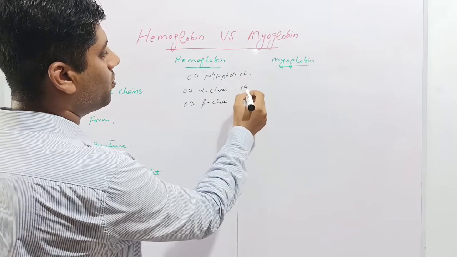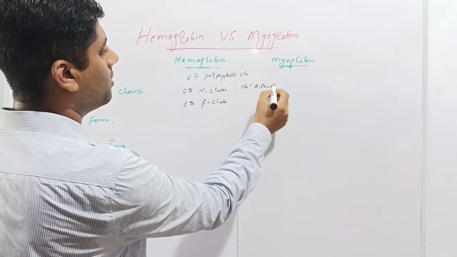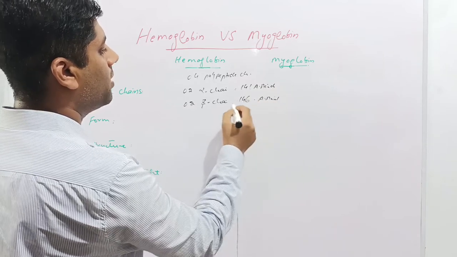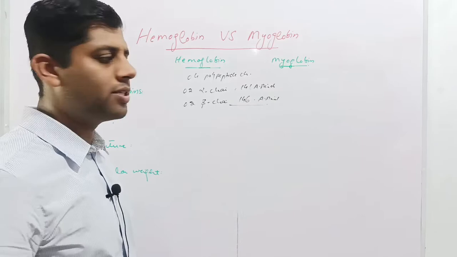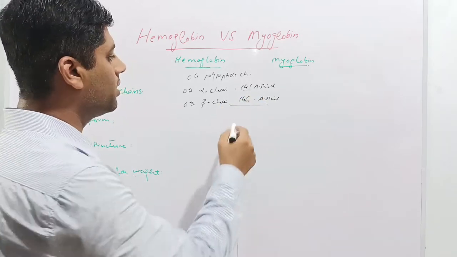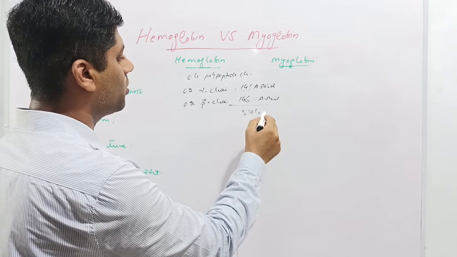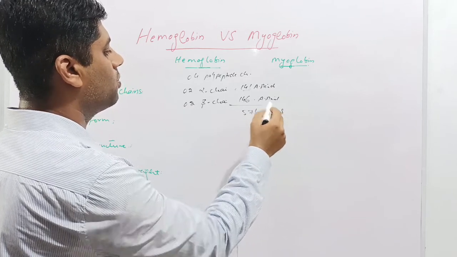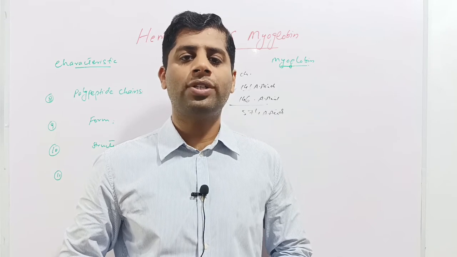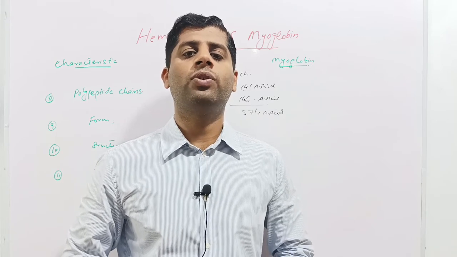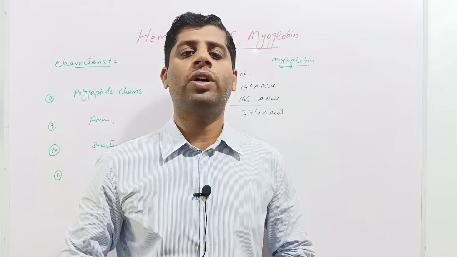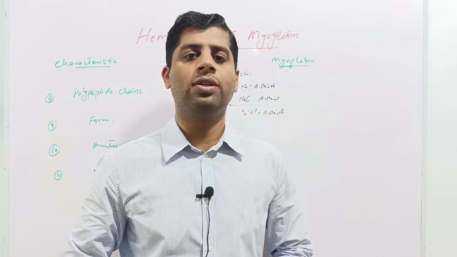Alpha chain has 141 amino acids per chain, while the beta chain has 146 amino acids per chain, and if we calculate these amino acids, multiplying 141 by 2 and 146 by 2, it gives 574 amino acids in total. So hemoglobin molecule contains 4 polypeptide chains in which there are 2 alpha chains and 2 beta chains having 141 and 146 amino acids respectively, constituting a total sum of 574 amino acids in the hemoglobin.